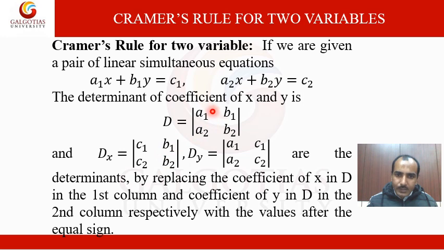Here we replace a1 a2, that is the x column in D, by c1 and c2, the constant values on the right hand side. Similarly, Dy is the determinant obtained by replacing the y column, that is b1 b2, by the constant values c1 c2 written on the right hand side of the given equations.